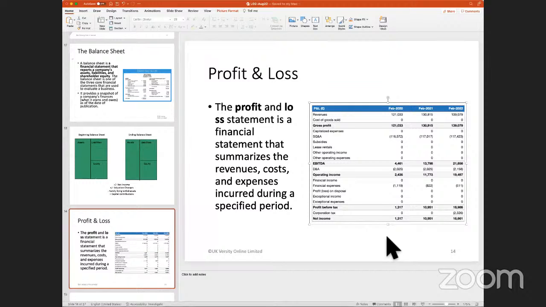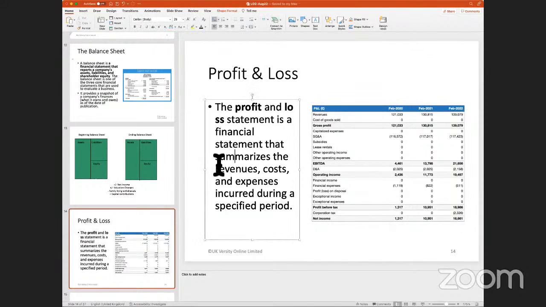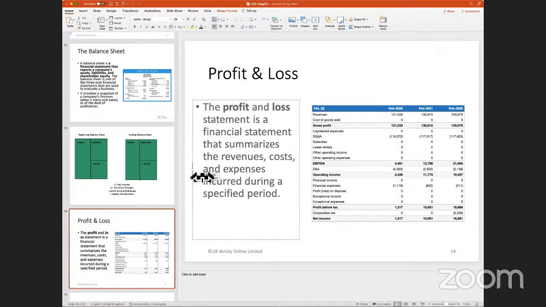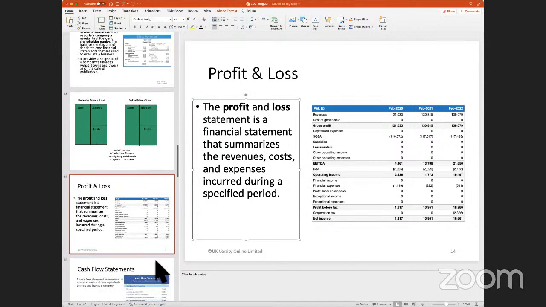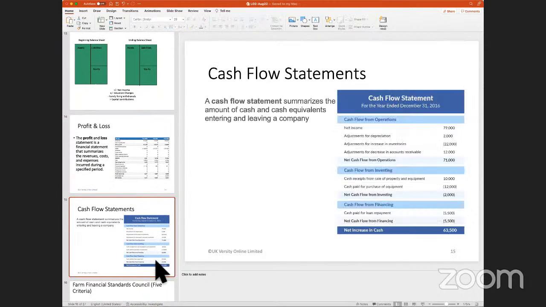And this is a typical statement which is provided to the management at the end of every month by the accounts department, because it gives a status of the company's financial side of things from the point of view of money coming in, money going out, and what is the net income or profit which the company is generating on a monthly basis.